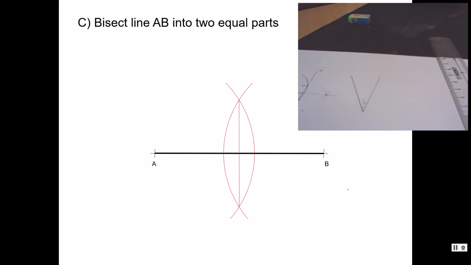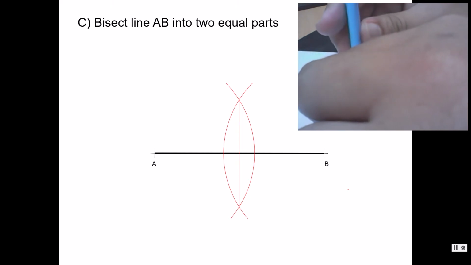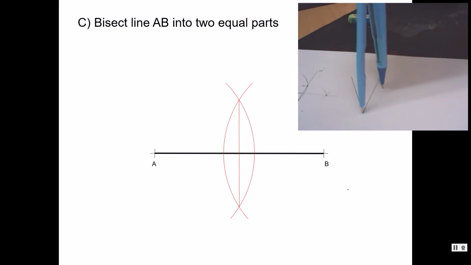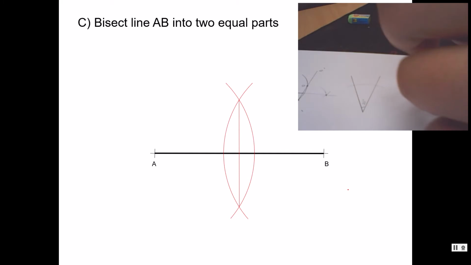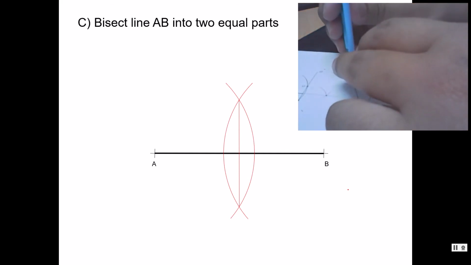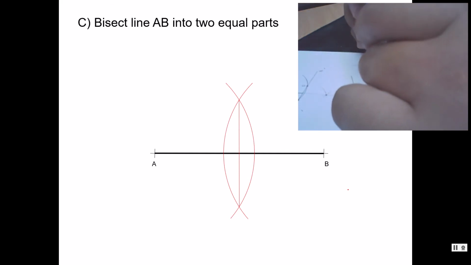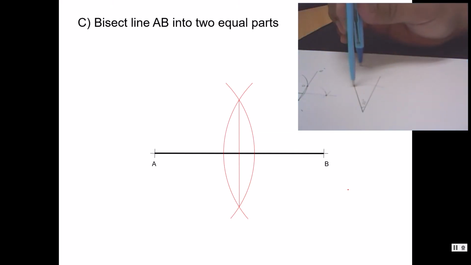So what you need to do, okay, again, from here, you just draw any distance to draw one circle. Okay, after that, from this point, draw another circle, and then from this point, draw a circle, and from this point, you draw the circle and see where the point is here.